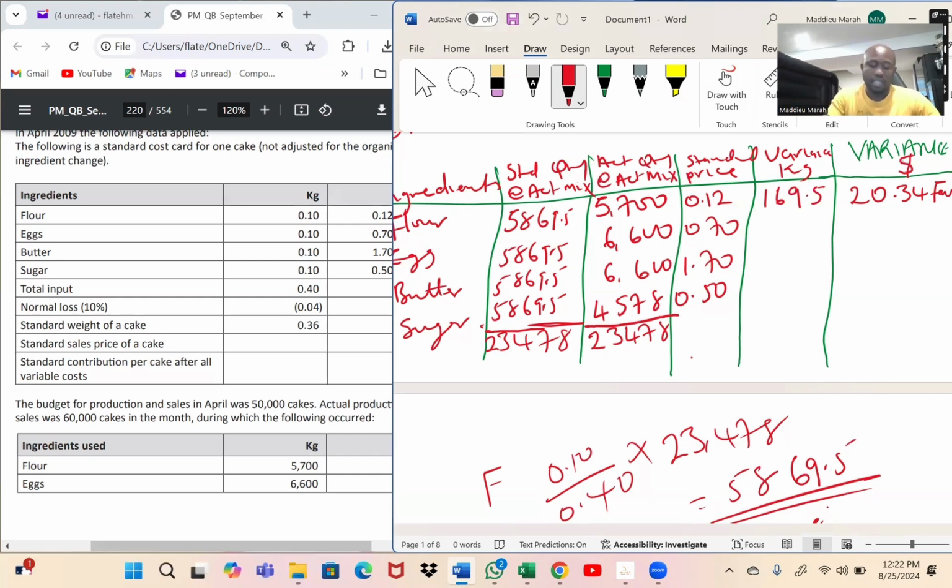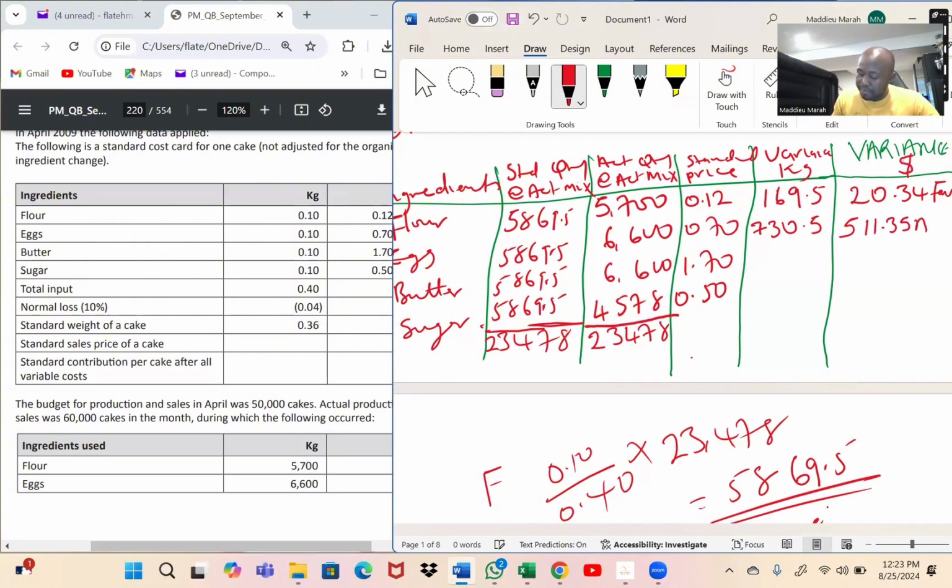Let's take the next one. 5,869.5 minus 6,600. This will give me my variance of 730.5. Multiplied by the standard price, which is how much? 0.7. This will give me 511.35.